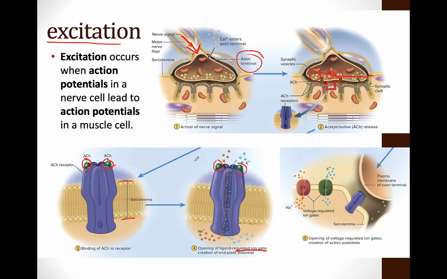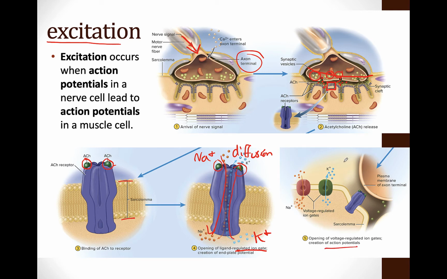If you remember, we had a lot of sodium on the outside and a lot of potassium on the inside. So now these are going to go down their respective concentration gradients. So this is going to be diffusion. And it's going to allow sodium to come in and potassium to go out. When sodium comes into the sarcolemma, it's going to create an action potential.